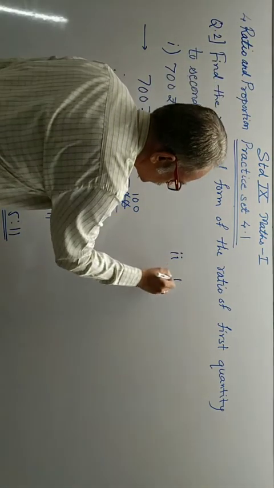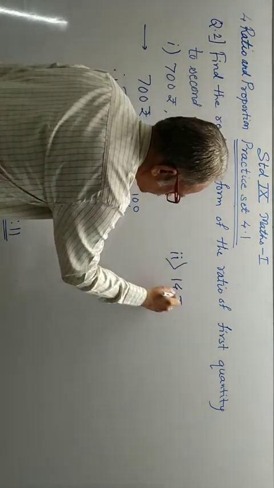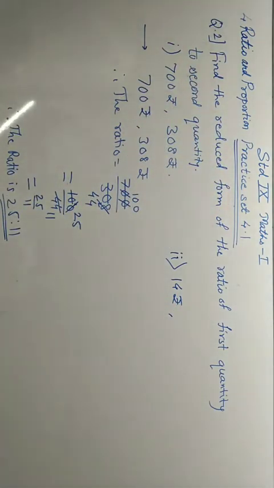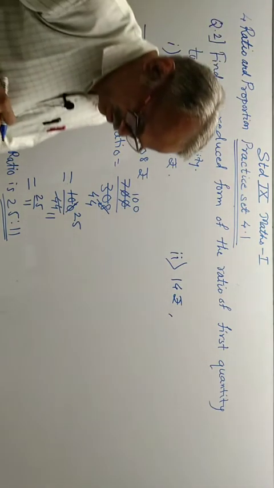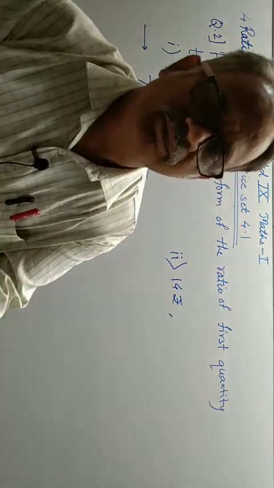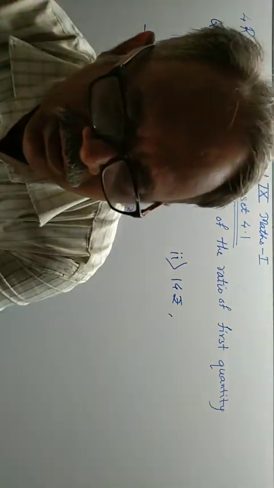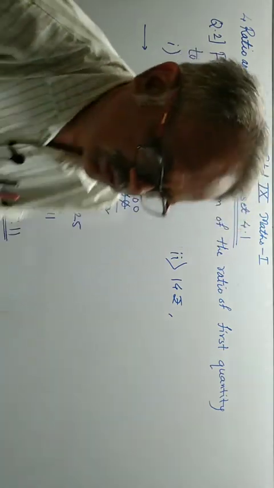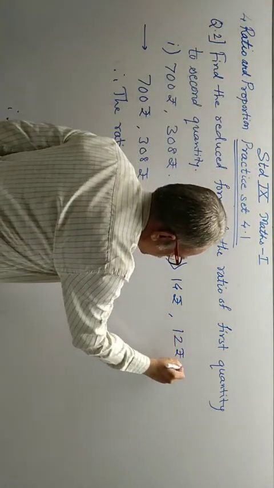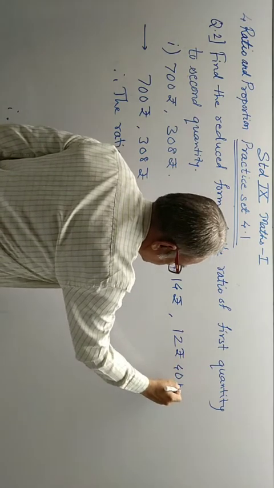It is given first quantity is 14 rupees and second quantity is 12 rupees 40 paise, ₹12.40.